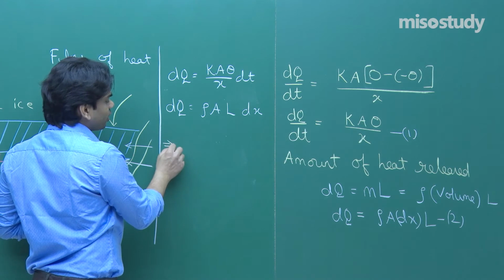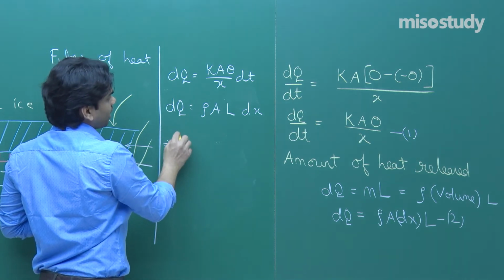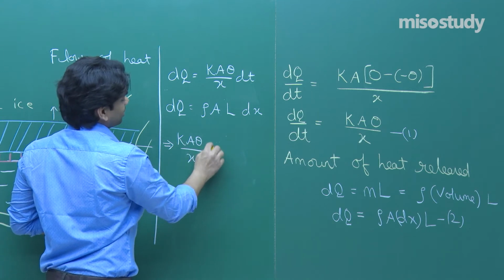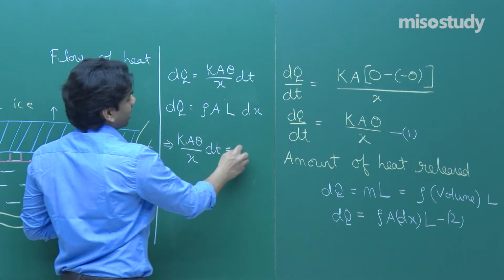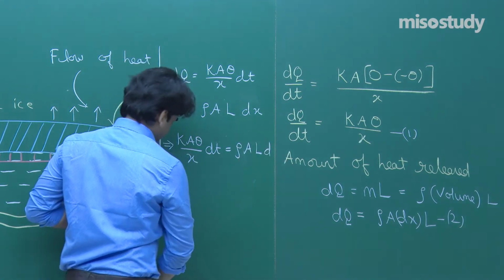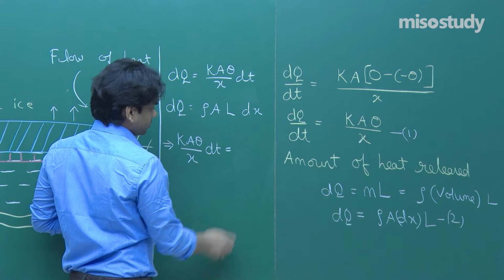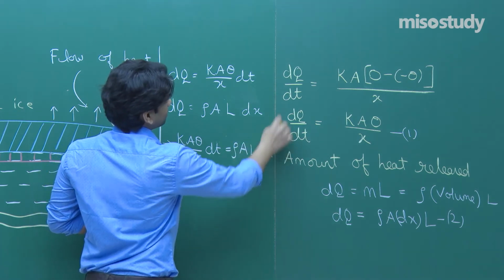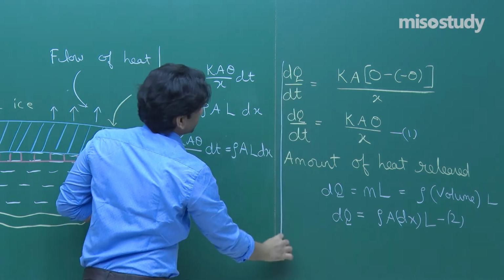Can we write, equating both, k A theta by x dt is equal to rho A L dx? Not a problem, simple one. This is the line of separation.